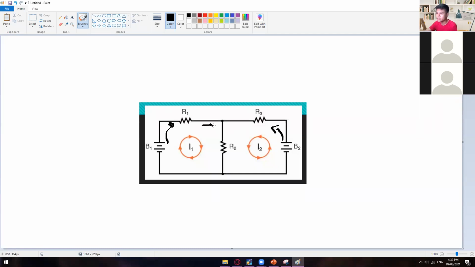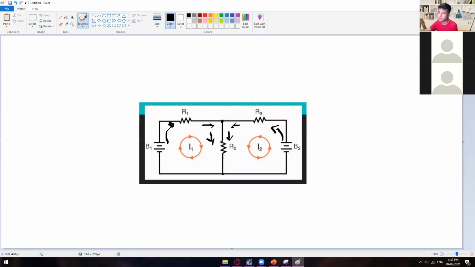Upon reaching this node, they will meet right here, and then go down through R2. So in that case, it's a lot simpler and much better if we have the same flow of current on the intersection.